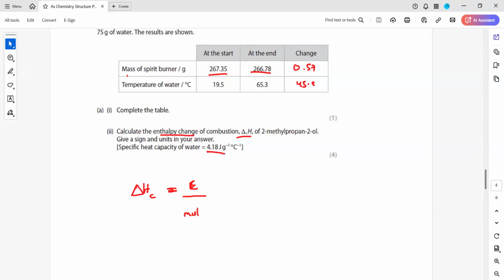Now, how to work out E? The formula for E, the energy, is C m delta T, where C is the specific heat capacity, that is 4.18. M is the change in the mass.